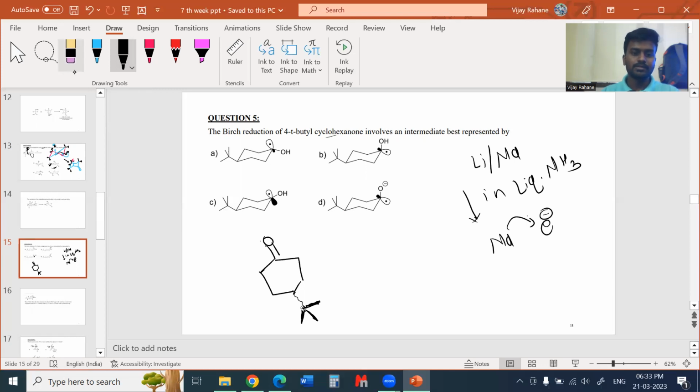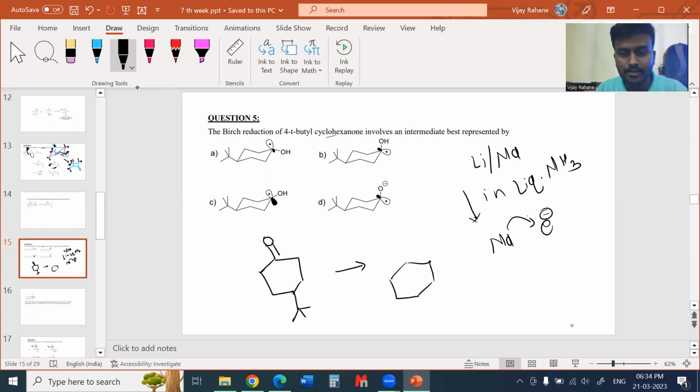So the 4-tert-butyl cyclohexanone involves an intermediate represented by. In the Birch reduction reaction, what will happen?